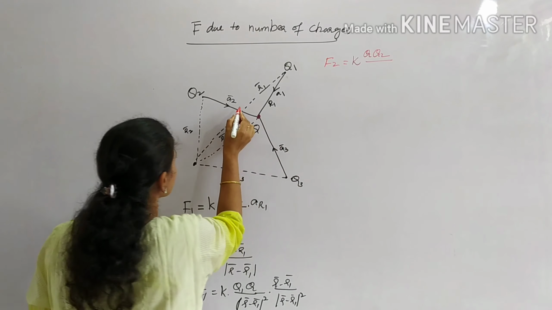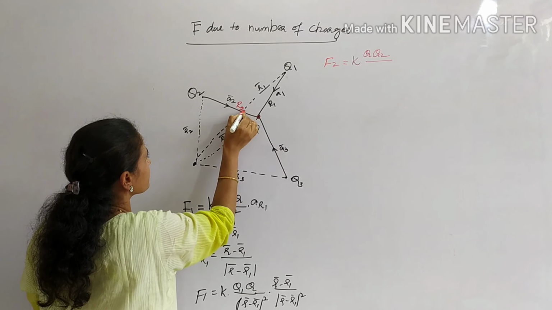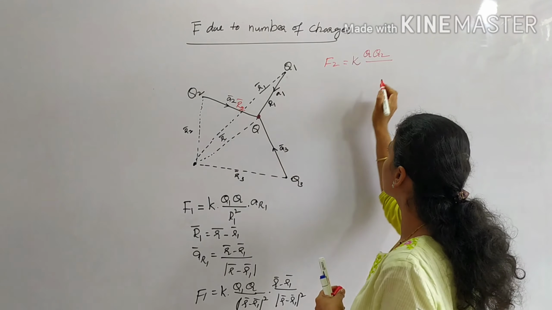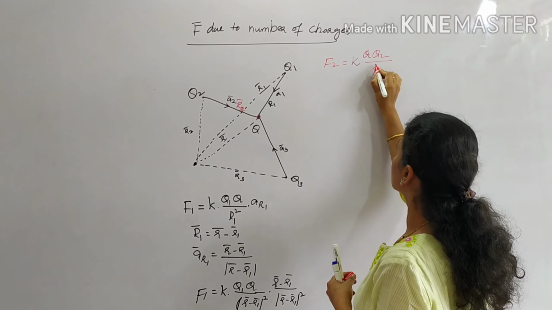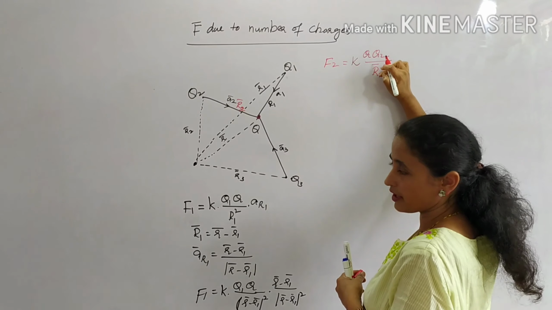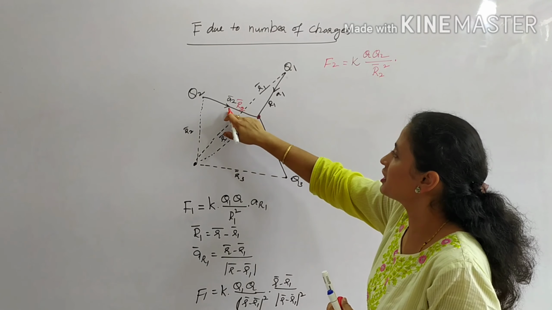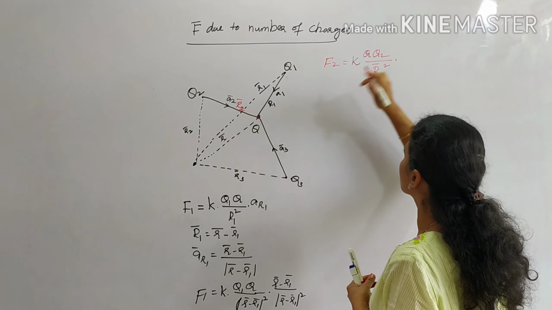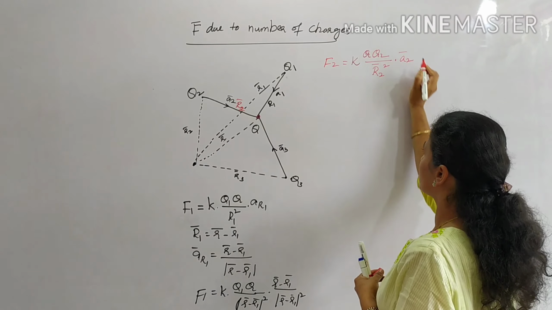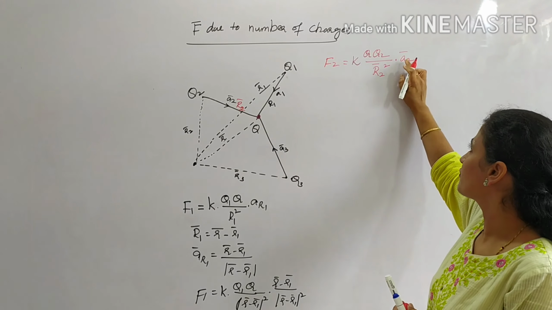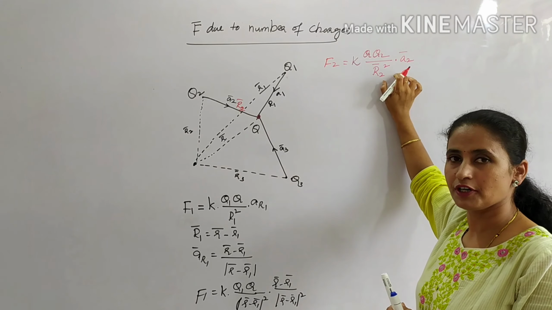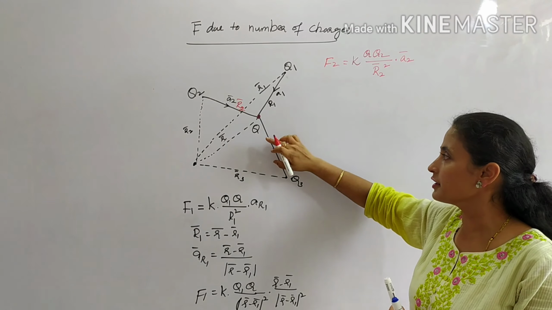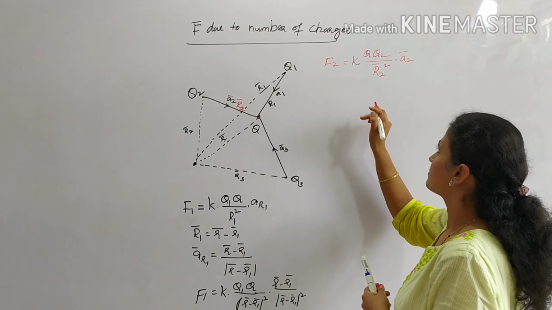Let the distance vector be R2, into the unit vector radiating from Q2 to Q, which is given by A2. Now let us find the values of A2 and R2 and substitute here, then we will get the vector form of F2, the force on Q due to Q2.